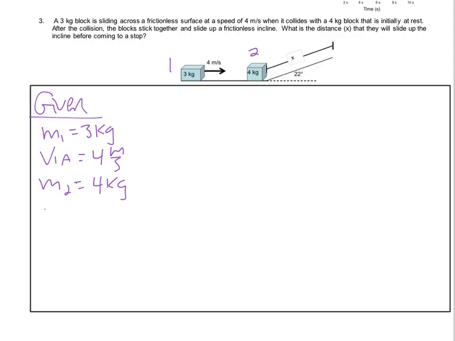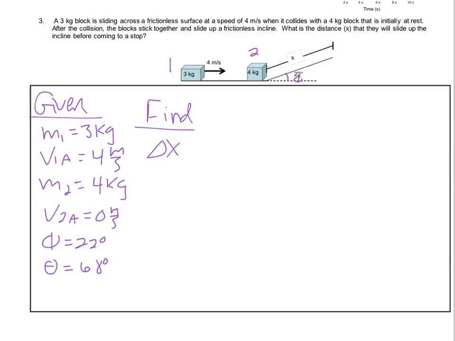We know that V2A is 0 since it starts from rest. And we are given the angle of the incline. So this is my phi, is 22 degrees, which means that theta must be 68 degrees. And given all of that, we're looking for the distance it travels, x, or the displacement.